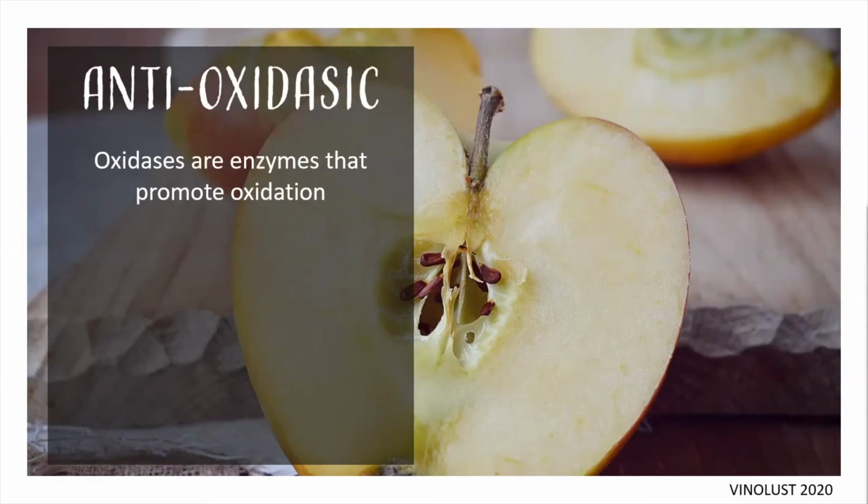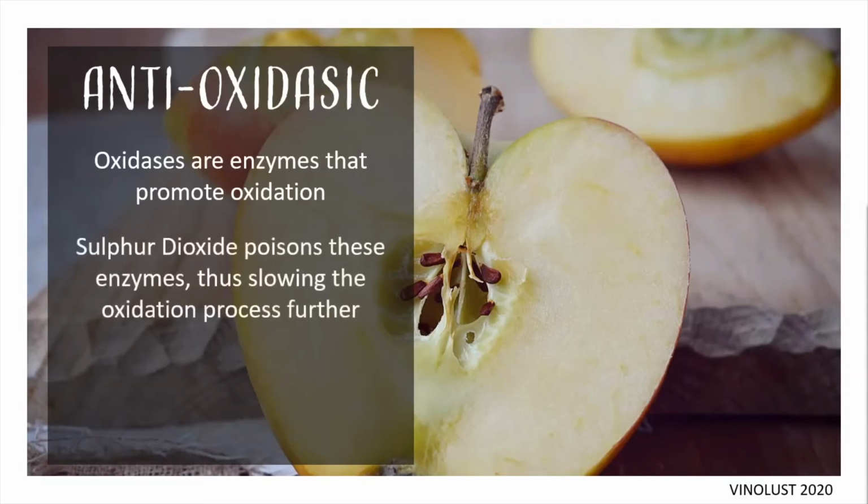They're like an on switch. They are there to say, okay, you can start, you can go. So once again, oxidases will rapidly promote oxidation of wine, of fruit, of anything. That's what happens when you see that apple or piece of fruit start to brown and discolor on the table.